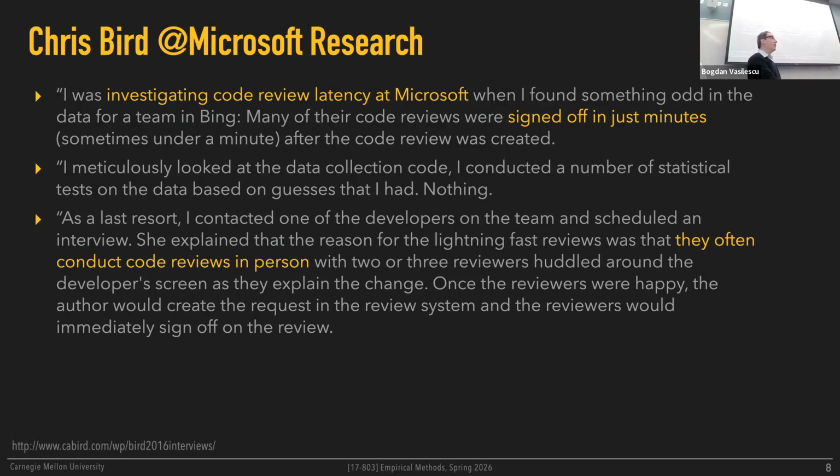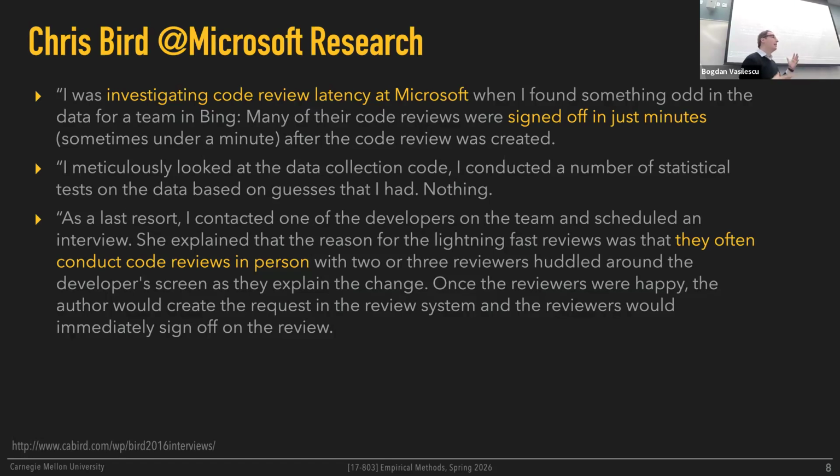They were doing this informally in person. And by the time the review came into the review system, it had already been reviewed and approved by the human sitting next to the author. They would just sign off as a way of logging this. But the review was not actually happening through this online system. It was happening in person, outside of the system.